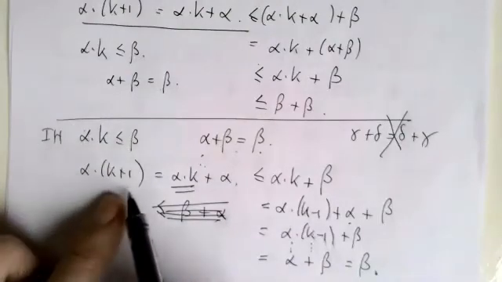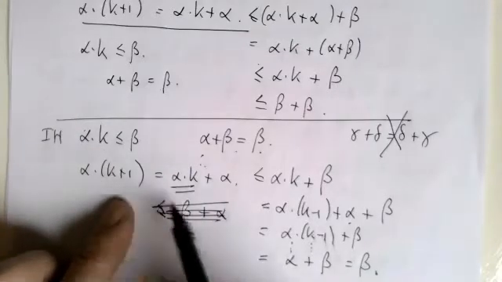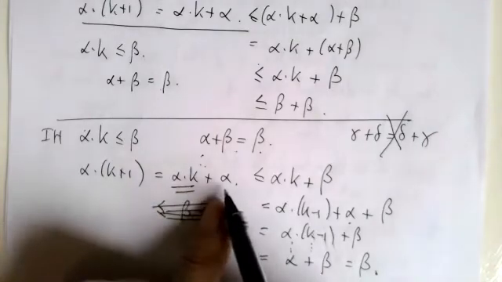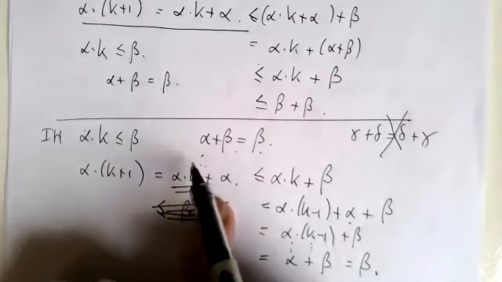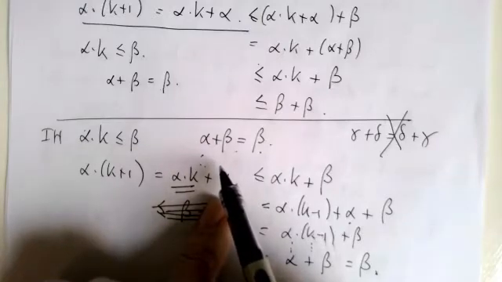So then alpha times k is less than or equal to beta. So alpha times k plus 1, this is alpha times k plus alpha here. It might be tempting just to say this is less than or equal to beta plus alpha, but then the non-commutativity kicks in, and I can't just say that's the same as alpha plus beta.